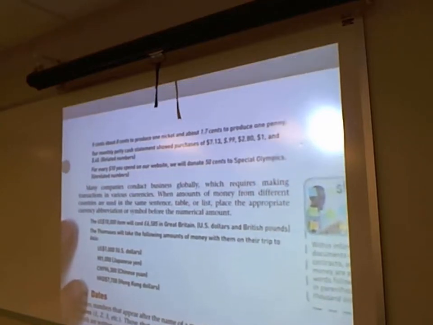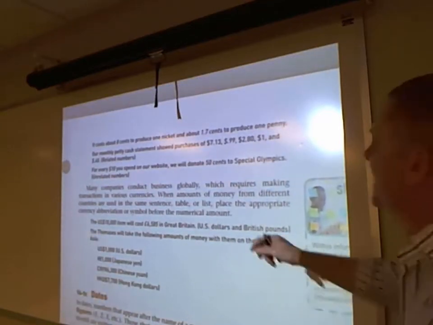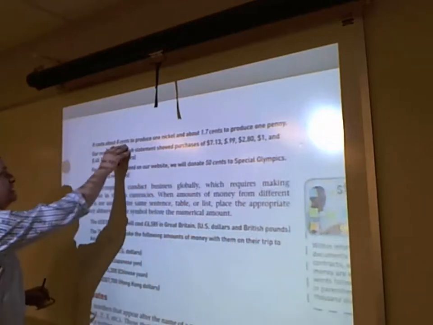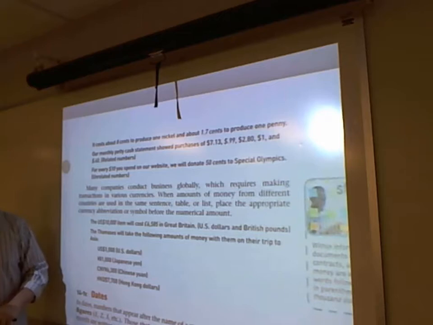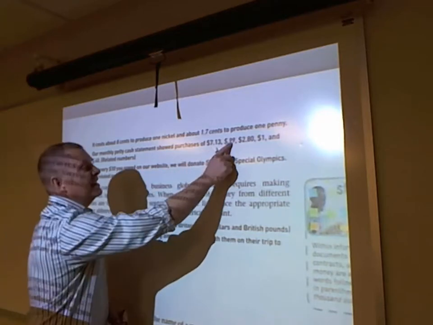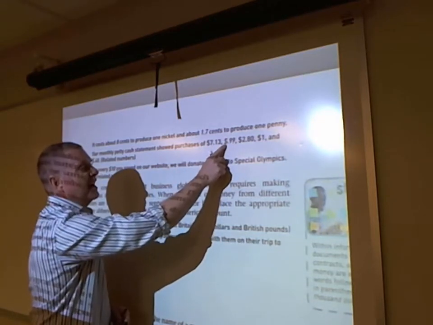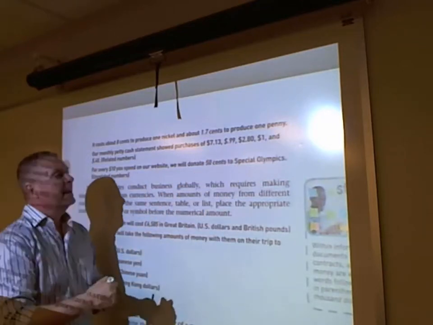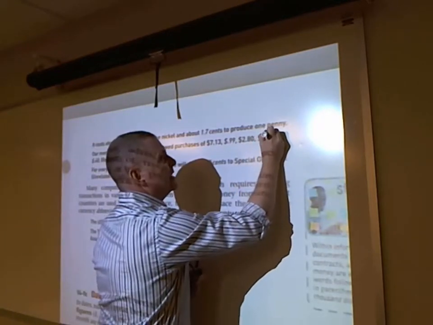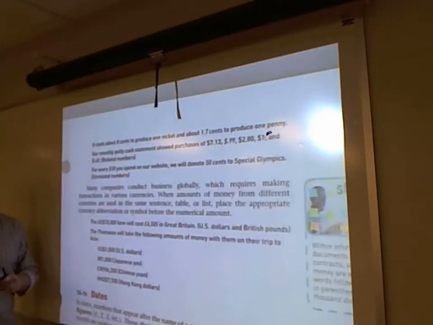8 is a figure, and then the word cents, to produce 1 nickel, and about 1.7 cents to produce 1 penny. Our petty cash statement showed purchases of, there's your 99 cents right there, and it's just $0.99. And then I would probably go ahead and put $1.00 right there, and $0.40, just to keep them consistent with each other, although the book says it's fine to do it like that as well.